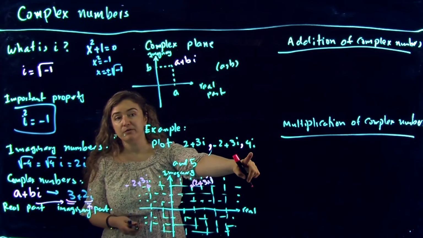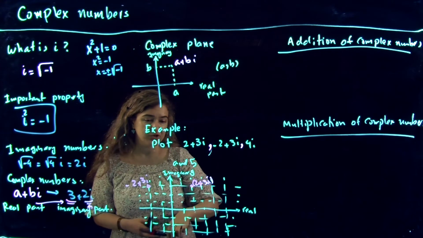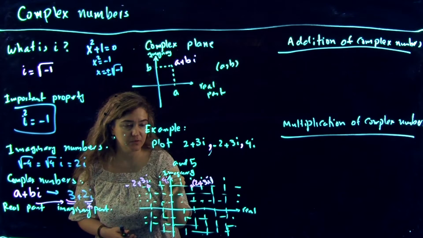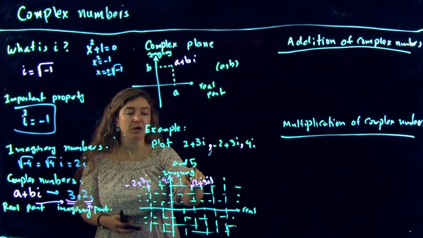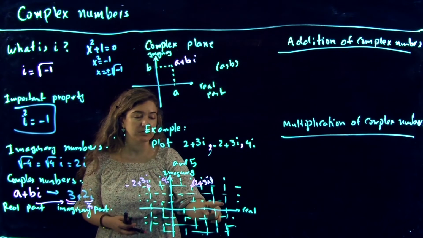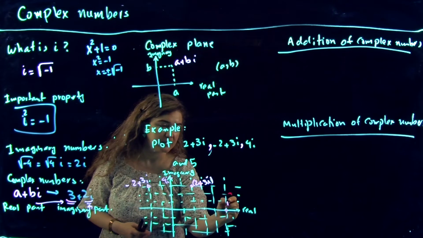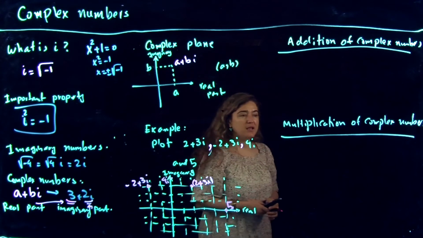If I want to plot 4i, 4i is strictly imaginary, so 4i. If I want to plot 5, 5 is strictly real, 1, 2, 3, 4, 5, and 5 is over here.